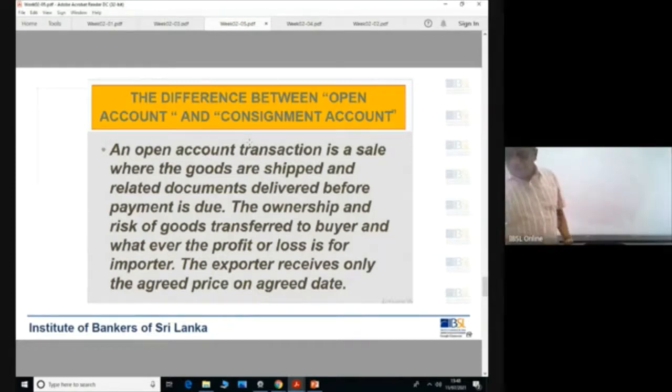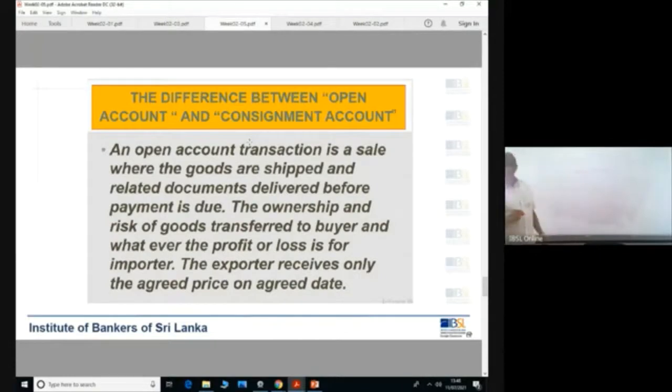I will try to elaborate this with an example. The goods value is US dollars 100,000.